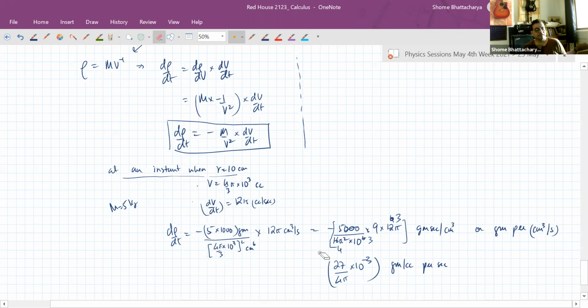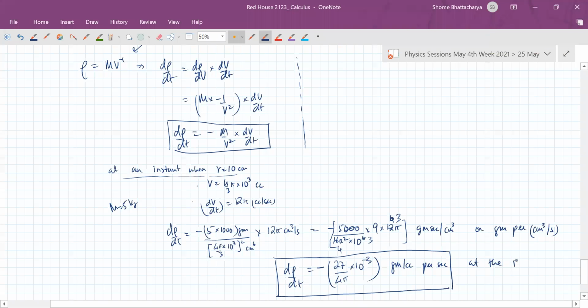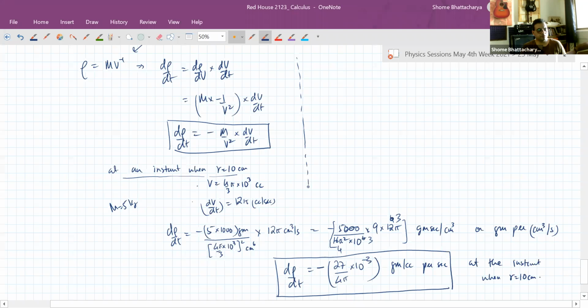So the density is decreasing at this rate, at the instant when r was equal to 10 centimeters. Obviously a bit of algebra, or more like a bit of arithmetic, is involved in the calculation.